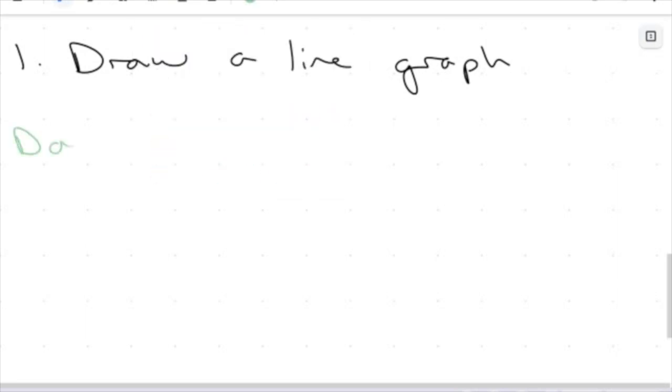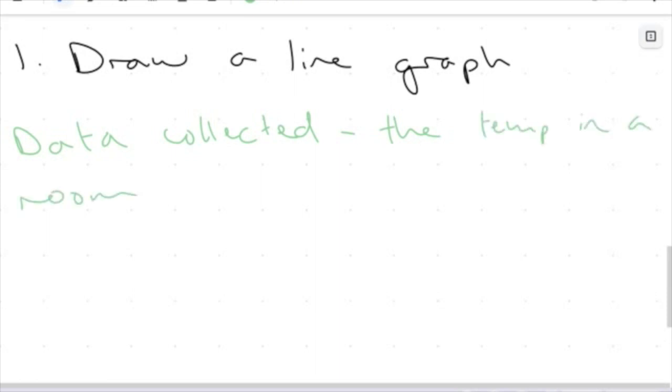The data collected for this question is the temperature in a room at different times, and these times are at hourly intervals.